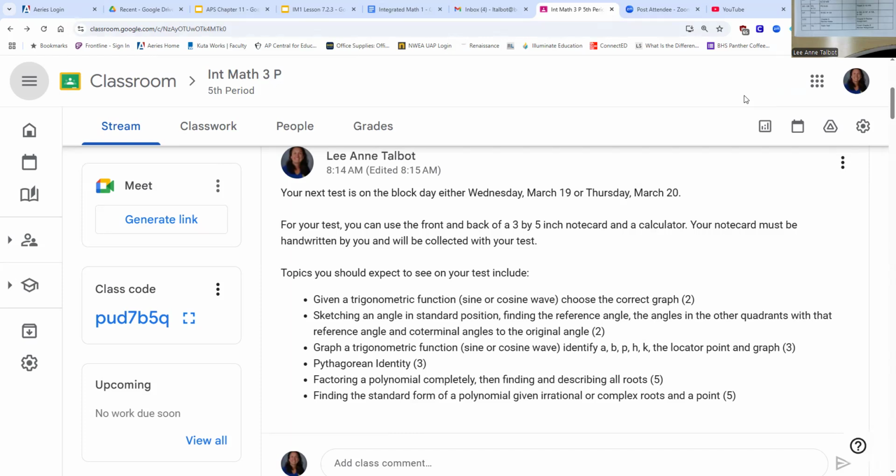Third one, graph a trigonometric function. That's also a sine or cosine wave. Identify A, B, P, H, K, the locator point, and graph it. Okay, Pythagorean identity. Triangle: A squared plus B squared equals R squared. Okay, now we have the two 5-point problems. The first one, factoring a polynomial completely, then finding and describing all roots.